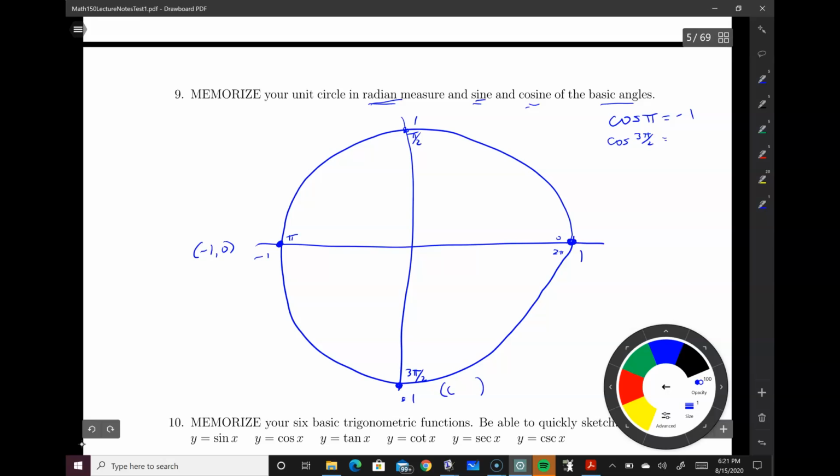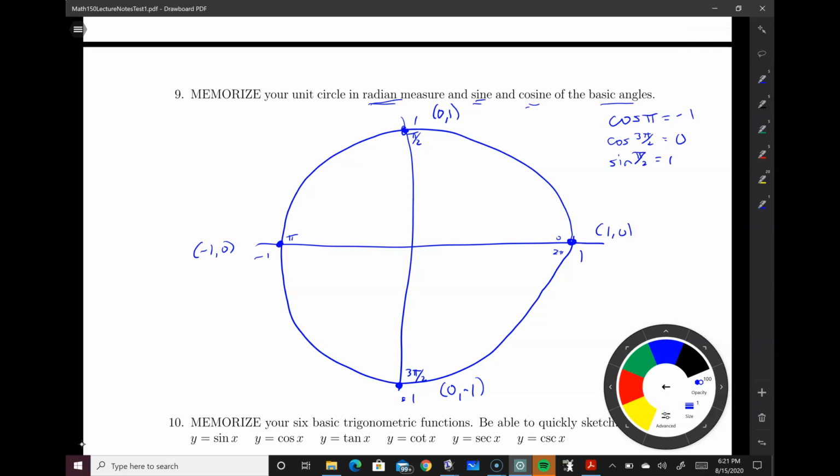This xy point is 0, -1, so that gives me an answer of 0. So just knowing these ordered pairs, you can find the sine and the cosine of these. So let's just do one more with the sine. Sine of pi over 2 would give you 1.